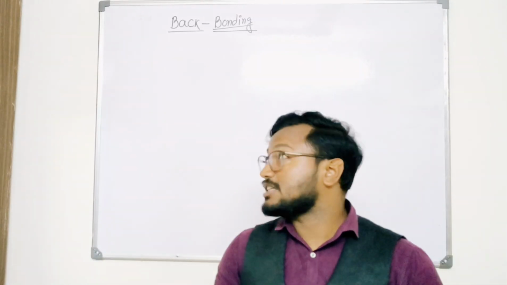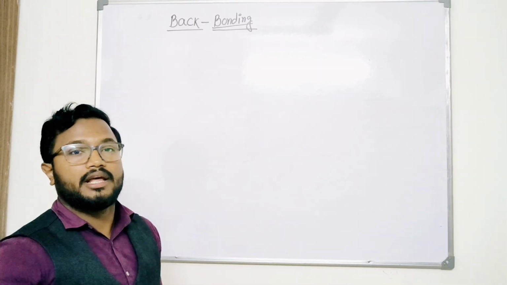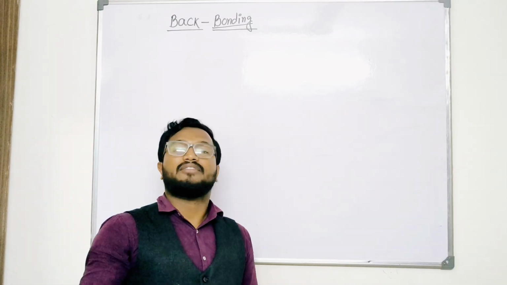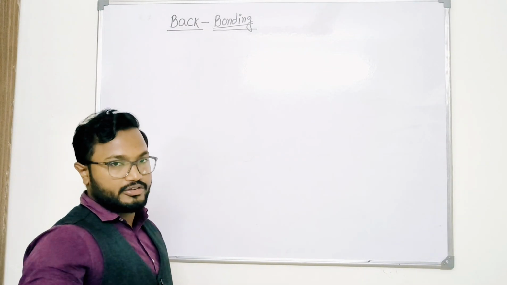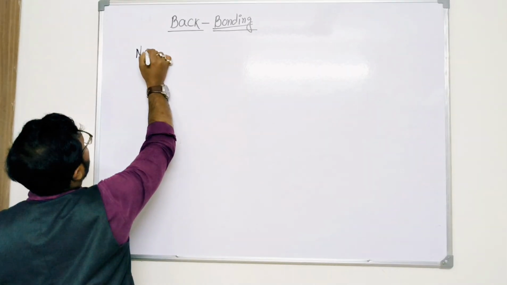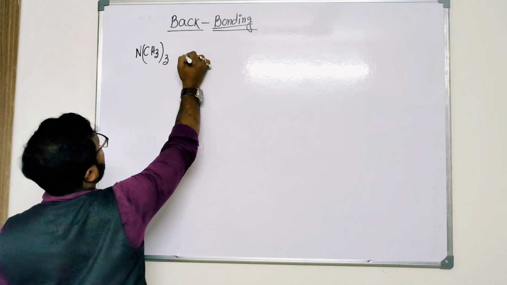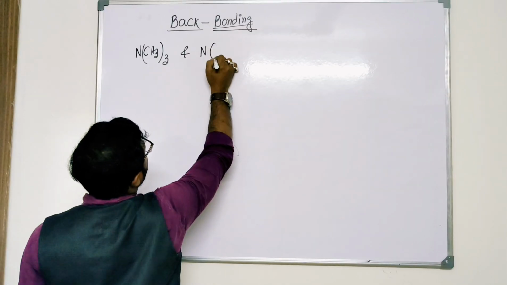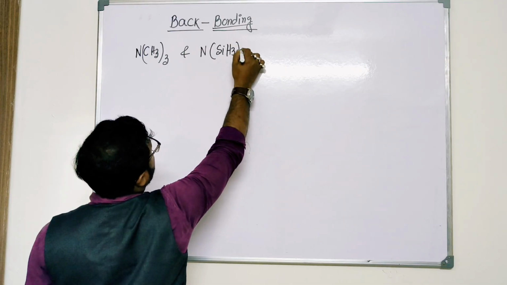Now we'll discuss about how acidic strength, basic strength, bond length and bond order is affected by back bonding and how shape of the molecule changes. Let's check. For example, I have taken N(CH3)3 and N(SiH3)3.